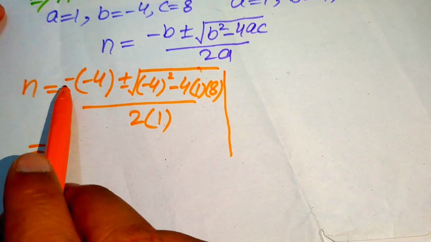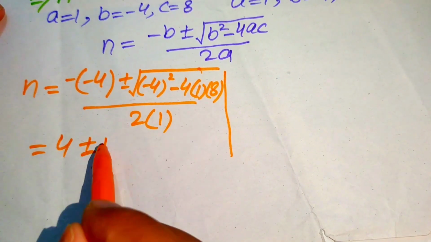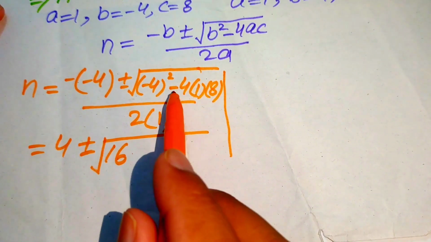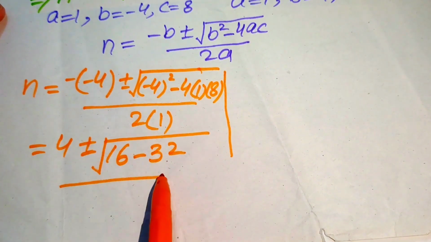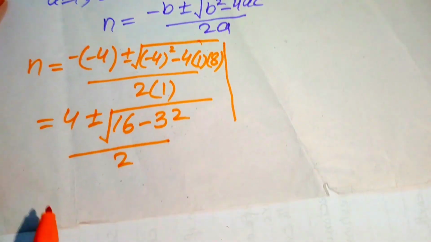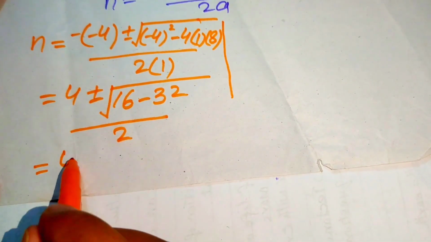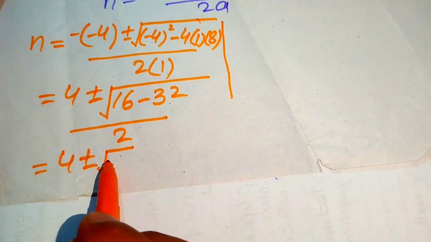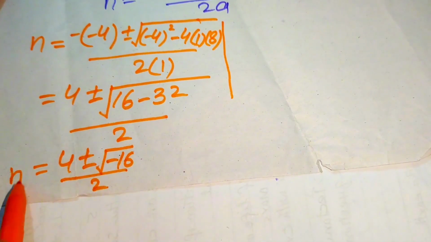First we multiply this minus times minus, and it becomes plus 4 plus minus square root of minus 4 square equals 16, and 4 times 8 equals minus 32, and this whole divided by 2. Now we simplify this term and we get 4 plus minus square root of 16 minus 32 equals minus 16, divided by 2.